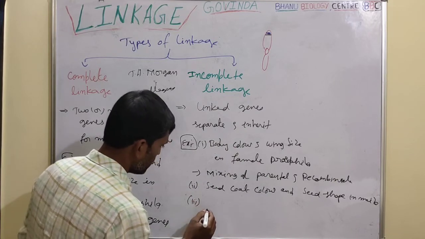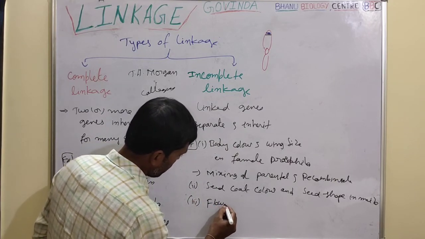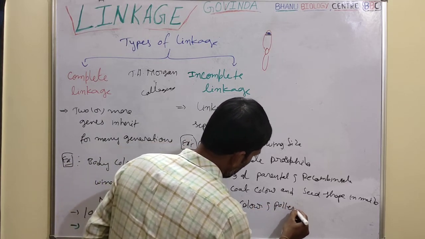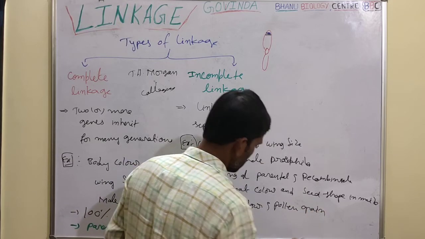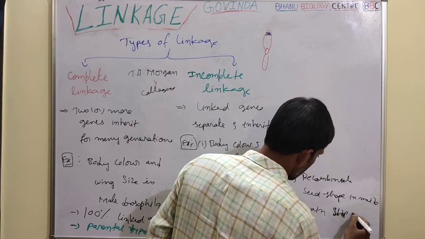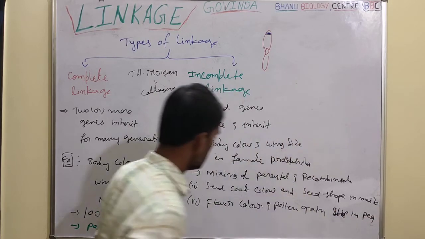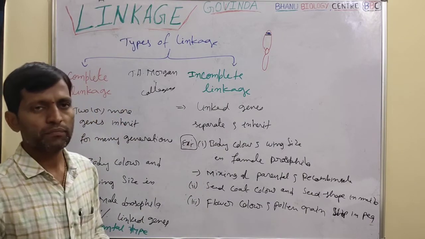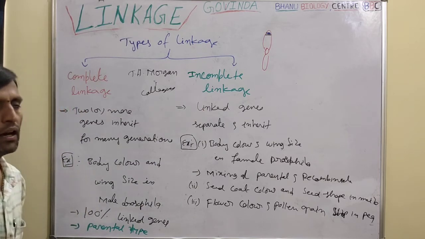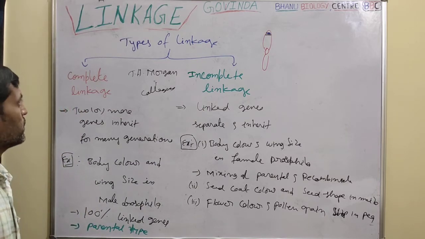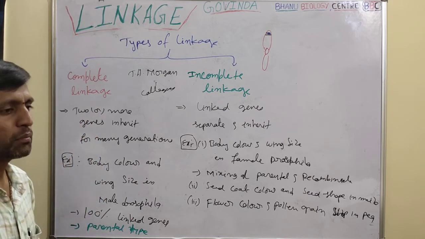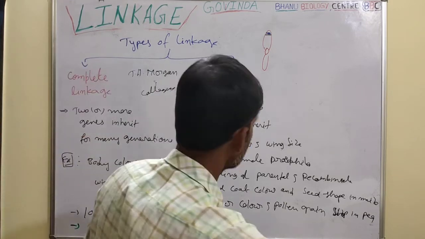The third example, flower color and pollen grain size or shape in pea plant. These three examples can be given for incomplete linkage. So let us understand a little more about complete linkage and incomplete linkage by taking suitable examples.